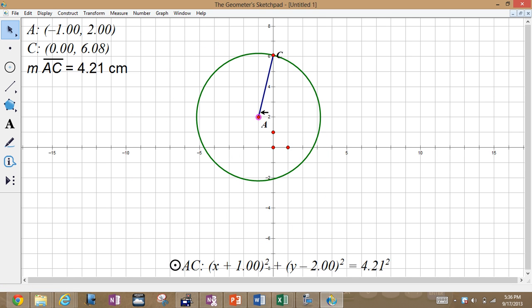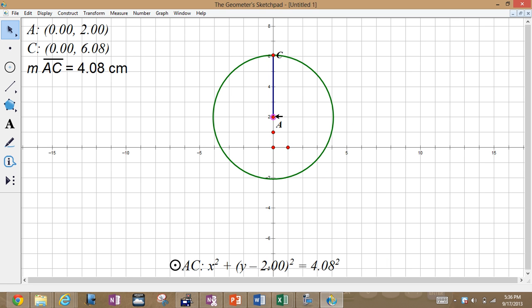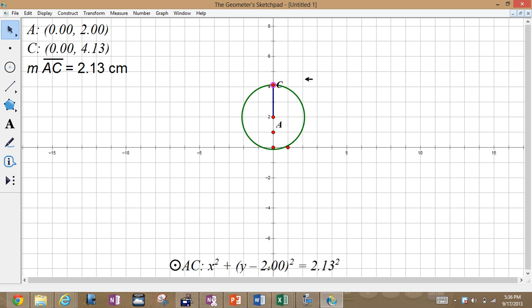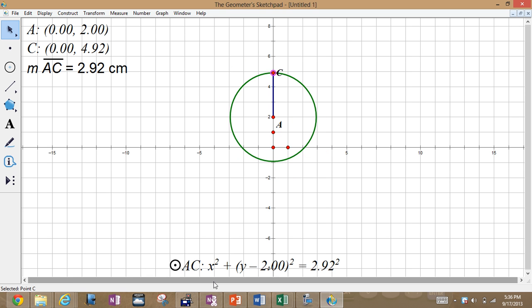If it were shifted to the y-axis here, accordingly, now we see the center is at 0, 2. The center is at 0, 2.